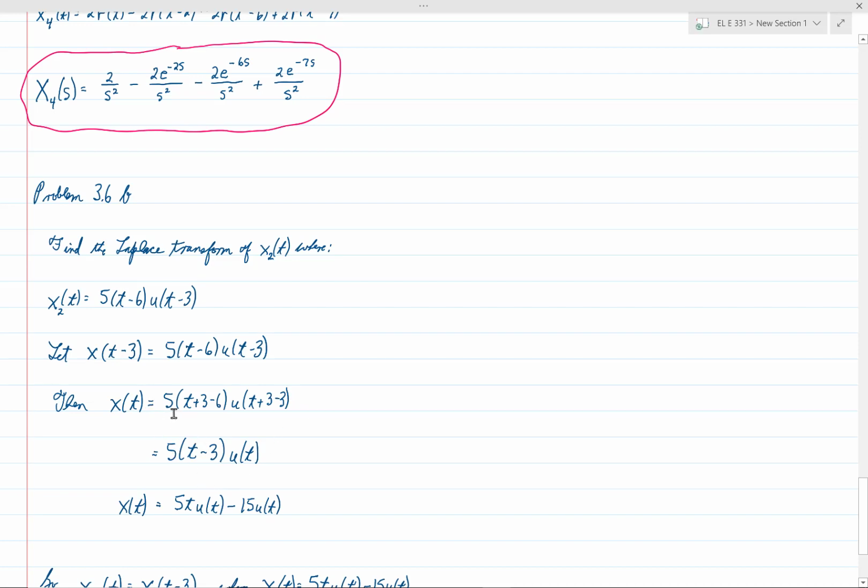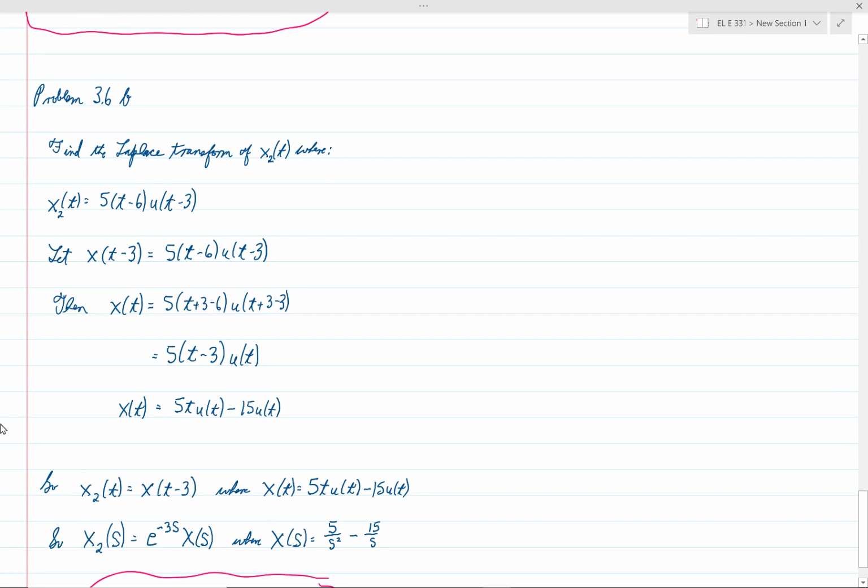So I have 5 times (3 minus 6), which is minus 3, and t plus 3 minus 3 will be u of t. And so that means that x of t is equal to, multiplying out, 5t u of t minus 15 u of t. Now that's x of t.